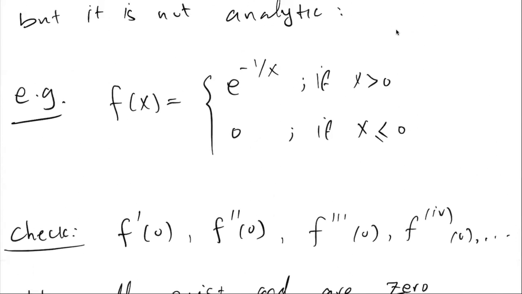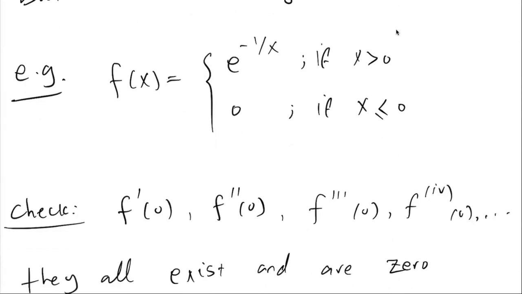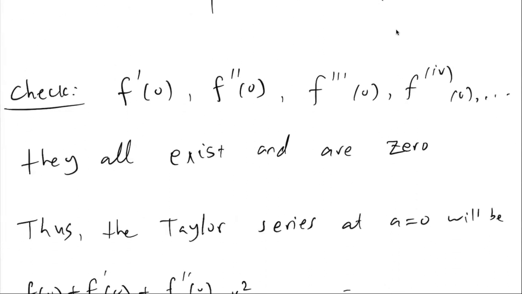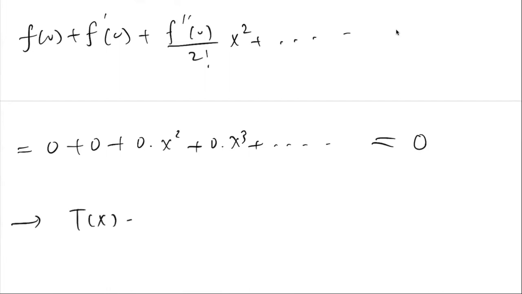Now f of 0, according to the definition of f of x, is 0 for x less than or equal to 0. So f of 0 is 0. F prime of 0, f double prime of 0, all these terms, you can show as an exercise that they're all 0. So then I will have 0 plus 0 plus 0 times x squared plus 0 times x cubed, which is 0. So T of x equals 0 for every x.